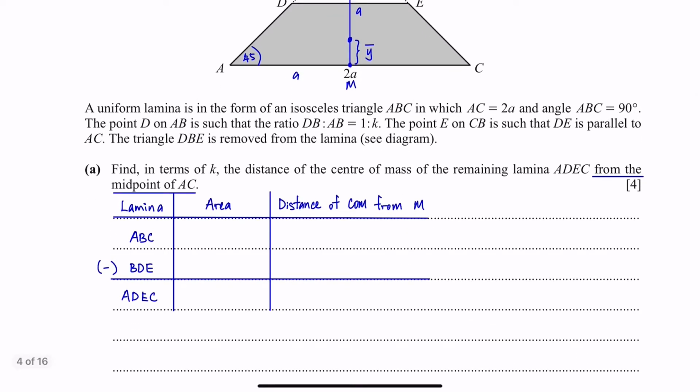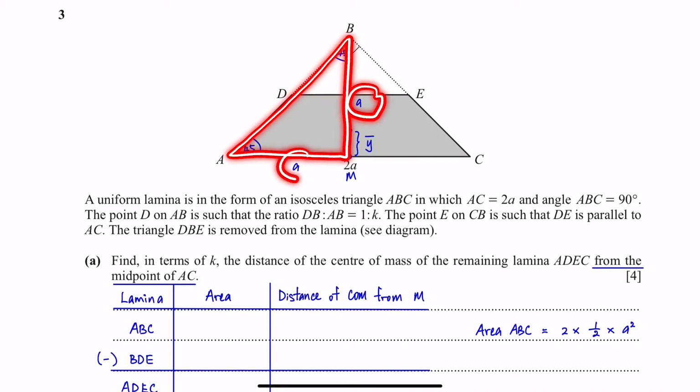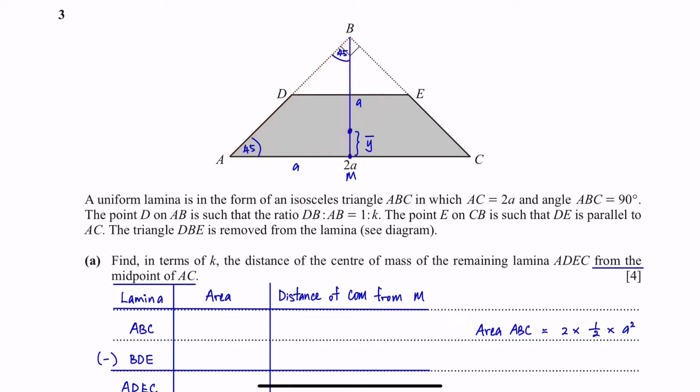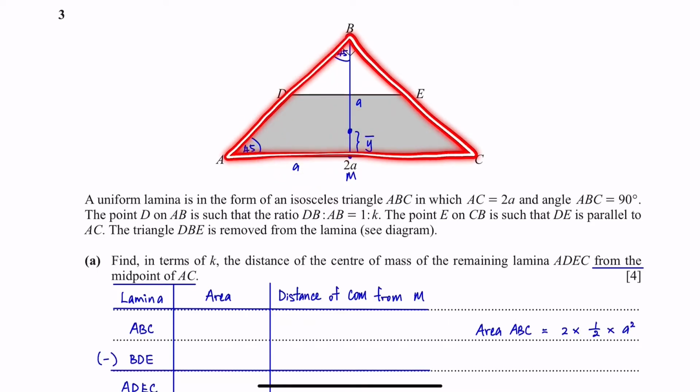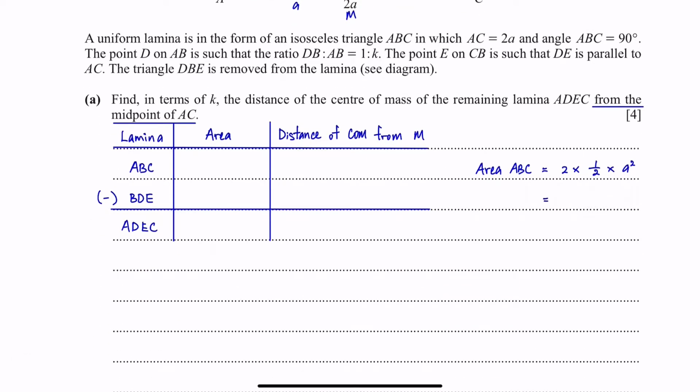So area of ABC would be 2 times half times a squared. Because half of this triangle would be half of a squared, and ABC would be 2 times half times a squared, which is just a squared.